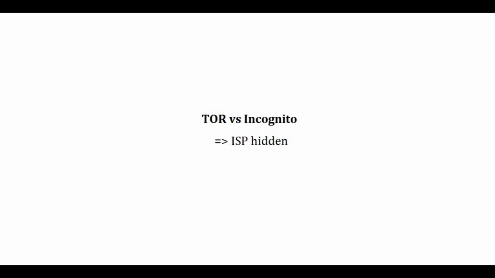So incognito is a local concept. What I mean by that is, when you're using incognito, no details such as browsing history are stored in your system, right? So it is a local concept.